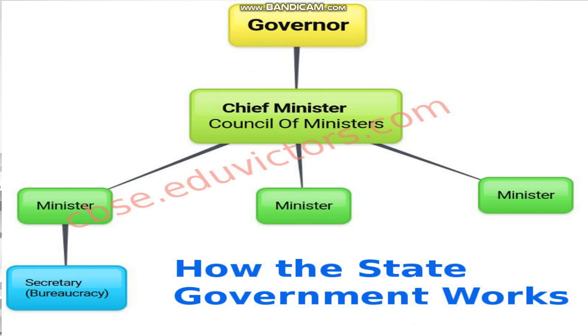India is the seventh largest nation of the world, extending over 3.28 million square kilometers. But for administrative convenience, it has been divided into 28 states and 9 union territories.